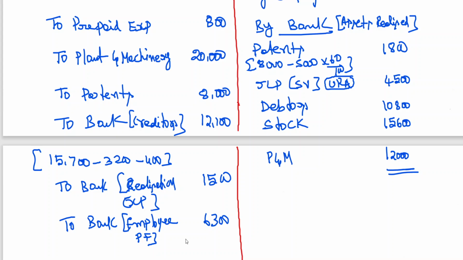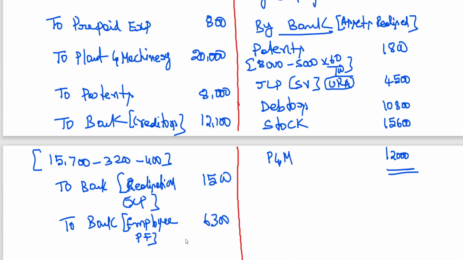Okay. Now coming back to the asset side, credit side, sorry: 1,800 plus 4,500 plus 10,800 plus 15,600 plus 12,000. It is coming to 44,700.